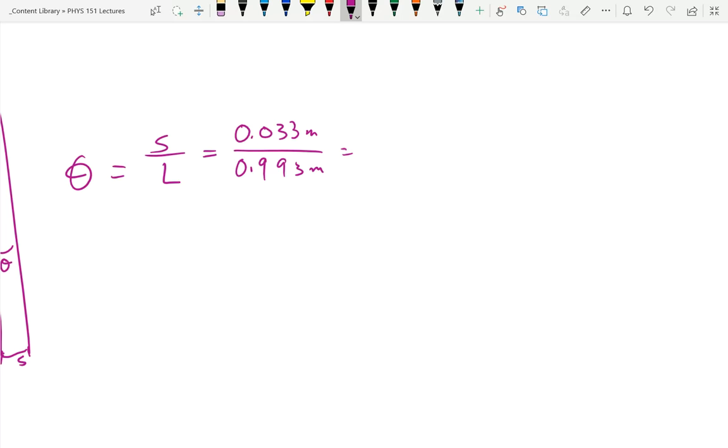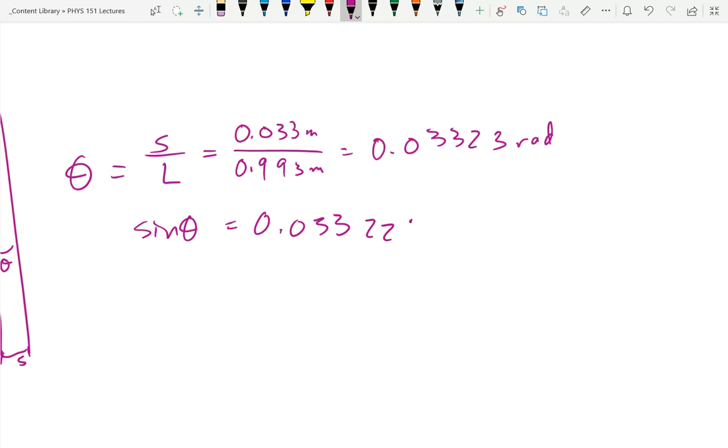0.033 divided by 0.993 is equal to, and then if I take the sine of that, so we look at that and we're like, 2.7, actually it was this, if I kept one more digit, it was 2.6.